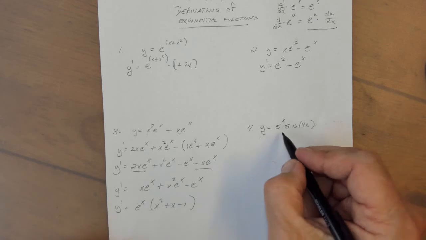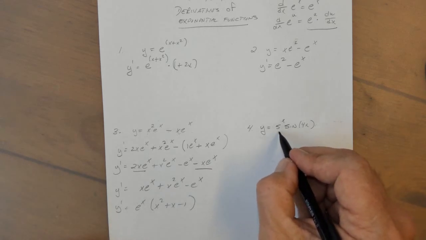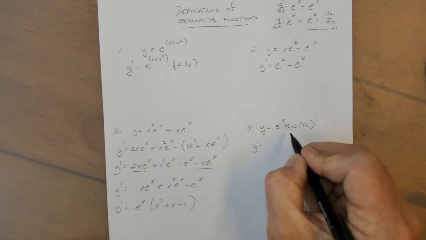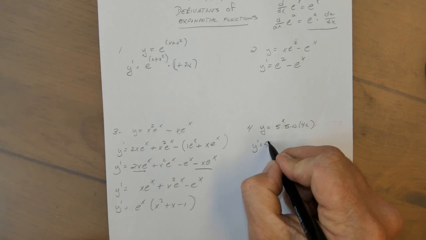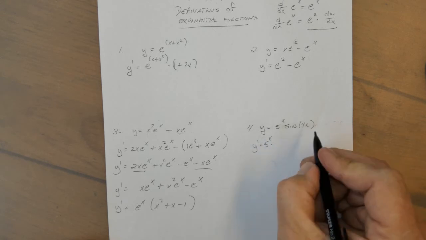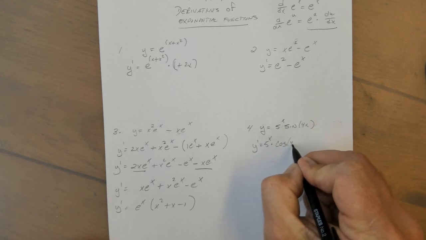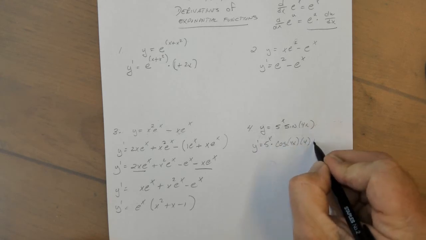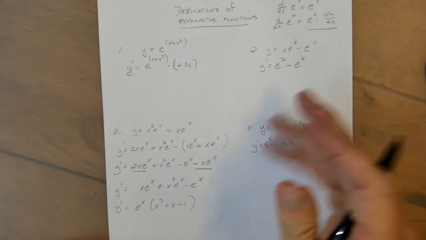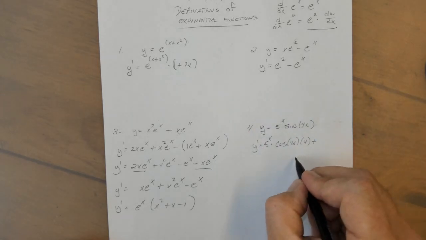Okay, so here now, again, we have the product rule we're going to have to apply. So we would have 5 to the x times the derivative of cosine of 4x, which would be the cosine of 4x times 4, plus, and I didn't leave myself a lot of room here, so I'll come down here.